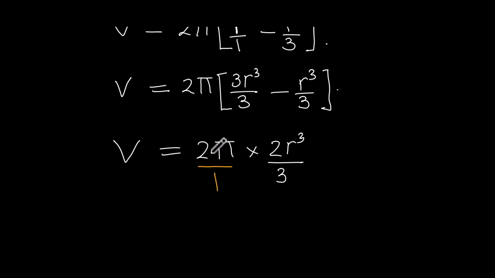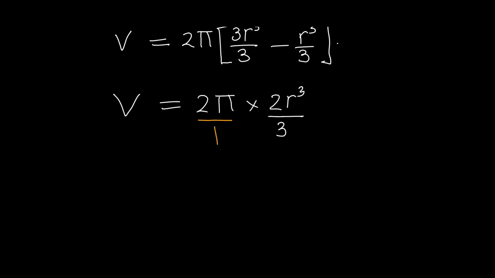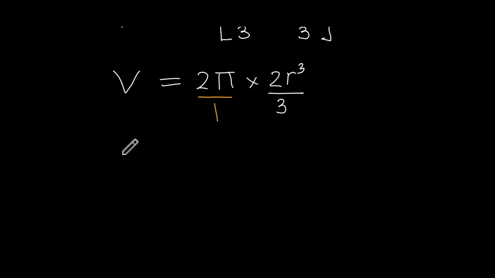Then multiplying the numerators separately, 2 times 2, we get 4, and times pi, we also get pi r cubed. Therefore, v equals 4 pi r cubed, and 1 times 3 is 3. So normally we place it where the number is, and we have 4 over 3 pi r cubed as the question suggested for us up here.